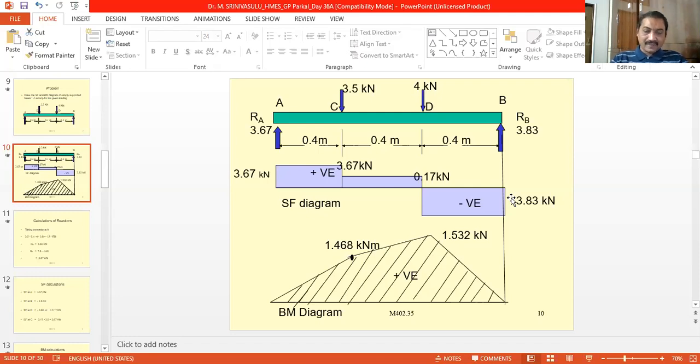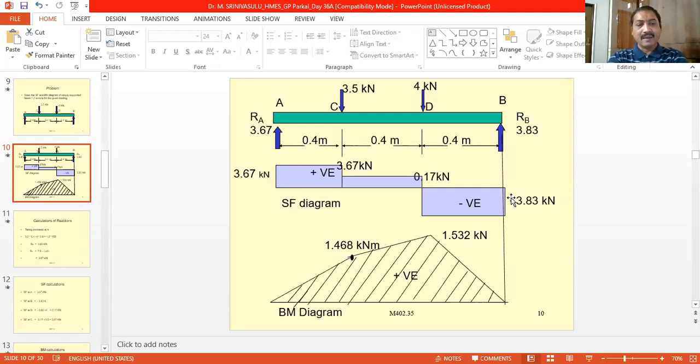And next we'll go to the bending moment diagram. For that we need to find out the bending moments at the salient points, that is at A, B, C and D. First of all, let us find the bending moments at the point B and at the point A. We know that for simply supported beams, the bending moment at the ends will be equal to 0.